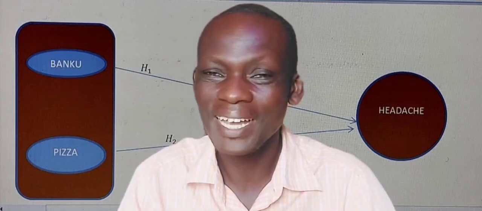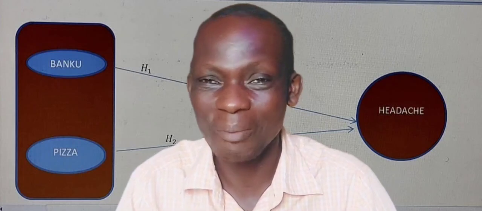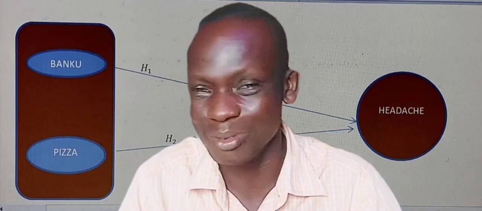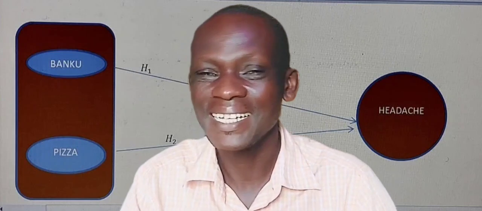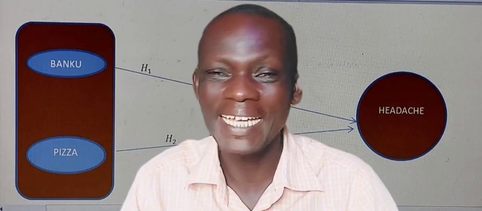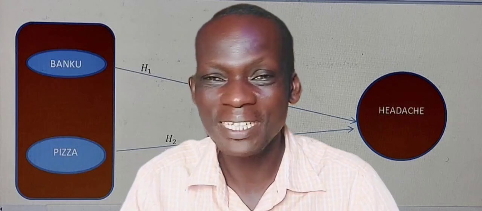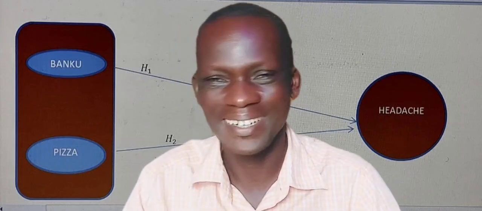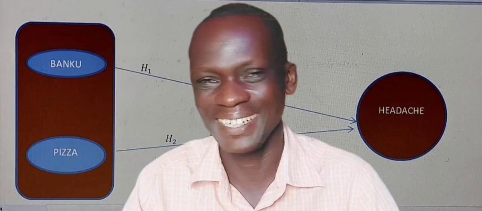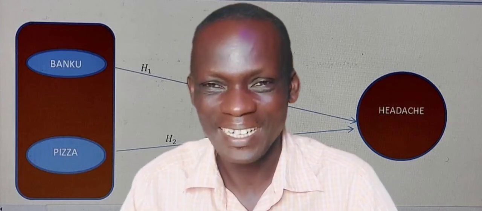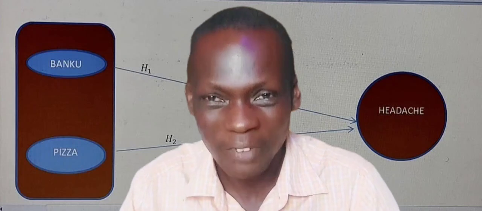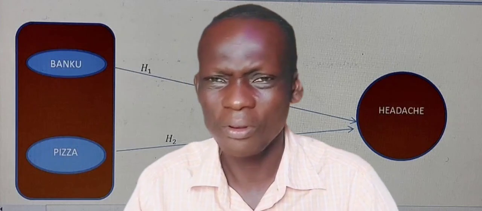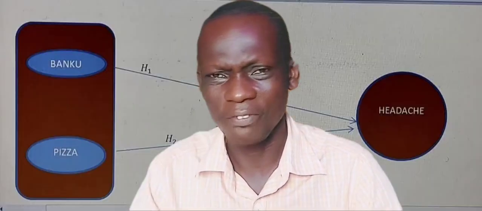Those that have it just write a normal H1 representing hypothesis 1, normal H2 representing hypothesis 2, and even that is far from the arrow. No, it's unprofessional. So today I'm going to teach you how to insert hypothesis professionally on the arrow in the conceptual framework.